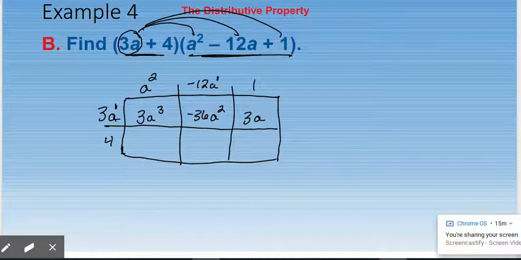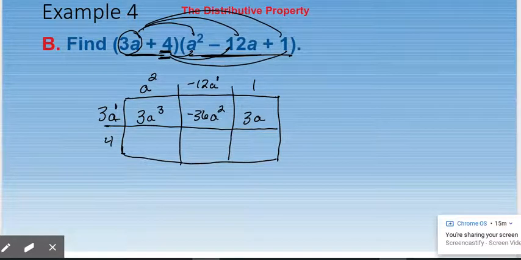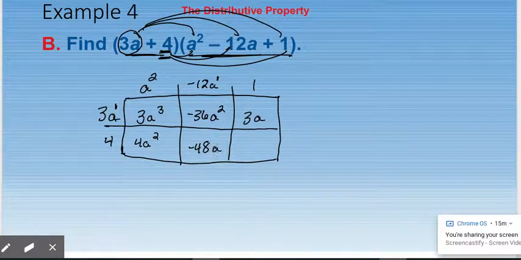Now I'm going to work with the 4. So we work with the 4 second, and you're going to do the same thing. You're going to essentially distribute that. So 4 times a squared is 4a squared. 4 times negative 12a is negative 48a. And 4 times 1 is 4.